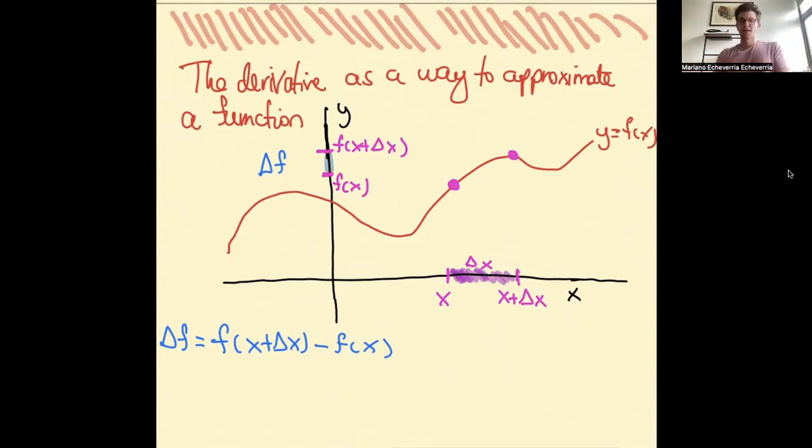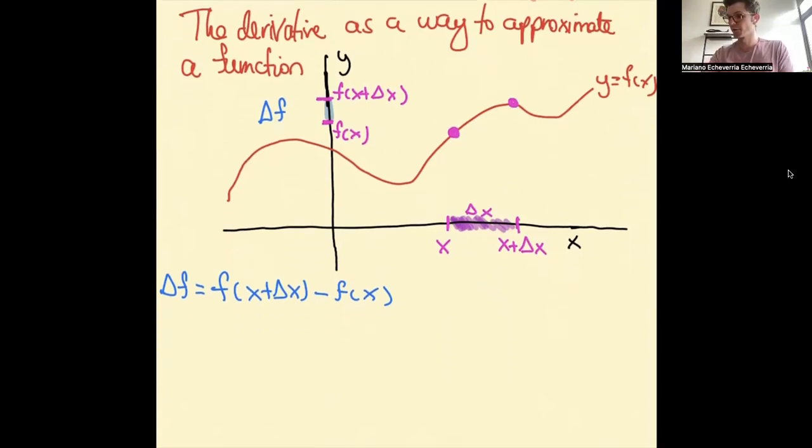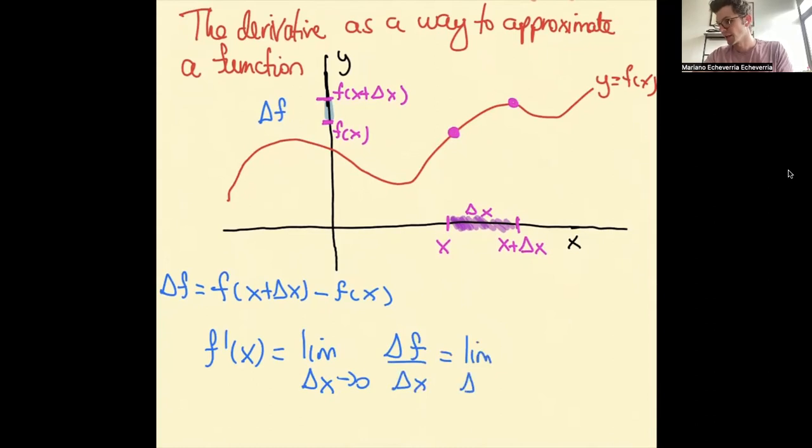Is that making sense? So the derivative was like you would find the slope for the line going through these 2 points. And the derivative was the limit as delta x approaches 0 of delta f over delta x, or the limit as delta x approaches 0 of f of x plus delta x minus f of x over delta x.